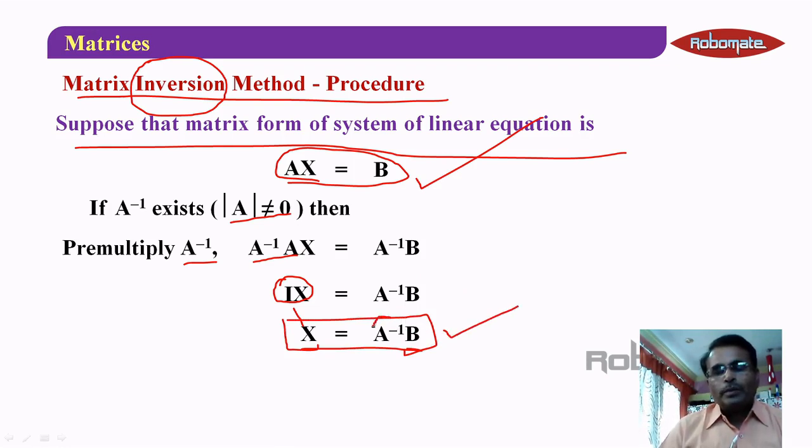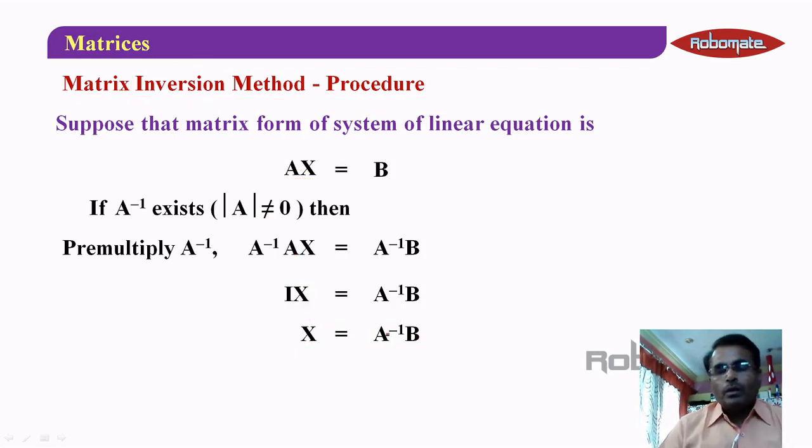It means we have to obtain the inverse of matrix A, and then pre-multiply matrix B by that A inverse. That will give you the required solution of the system of equations. Now the question is how to find the inverse of a matrix. In the initial two lectures we saw two methods of finding the inverse of a matrix.